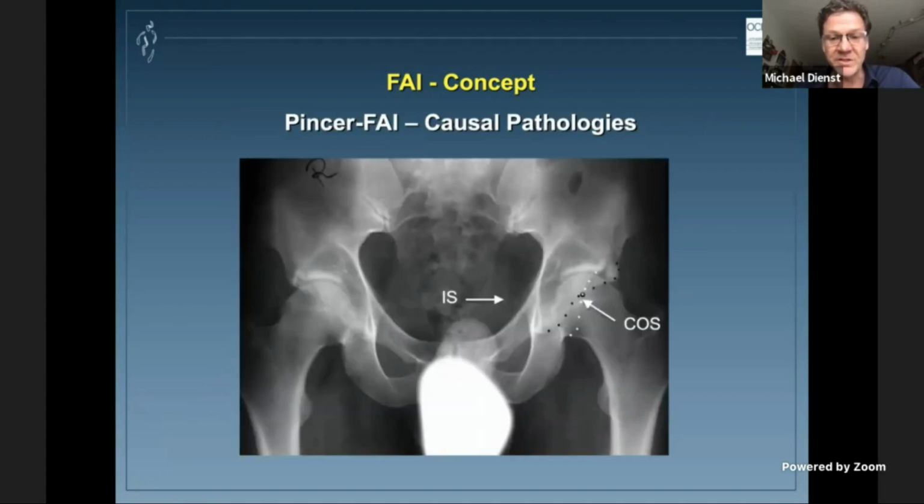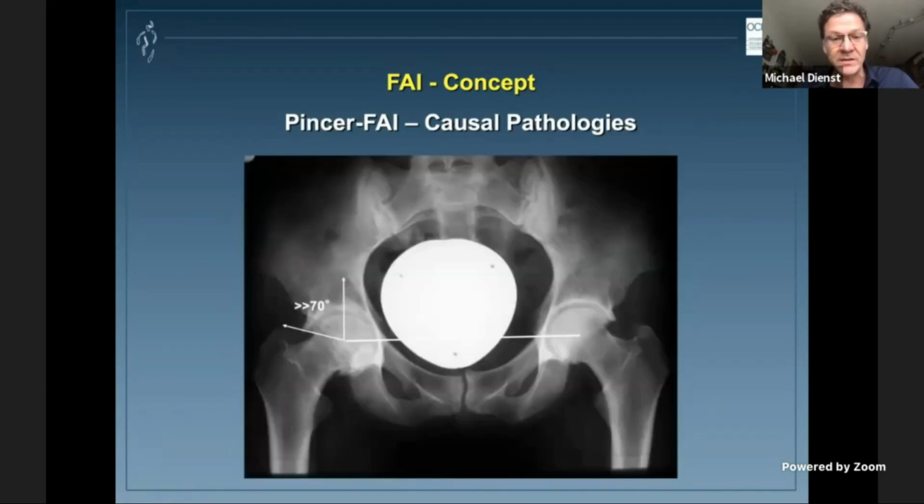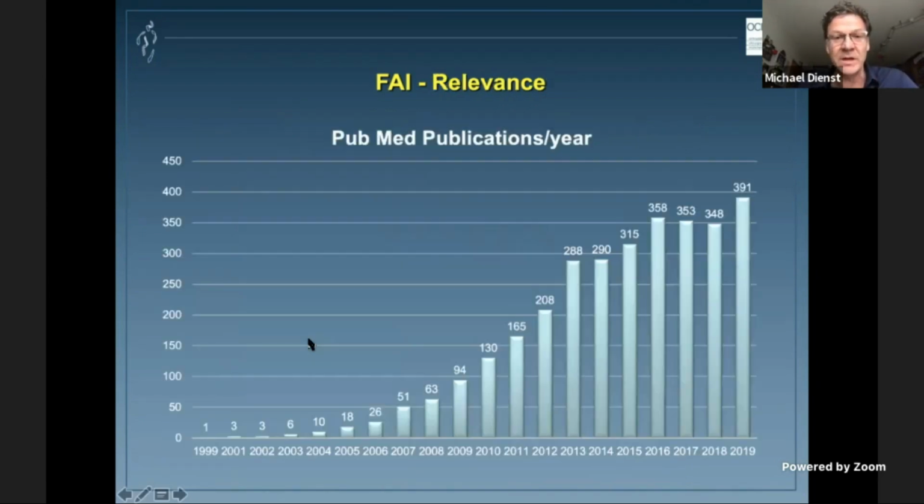This is the classic pelvic X-ray of a retroversion of the left acetabulum. You see here the positive crossover sign. This is a classic example of an overcoverage of the whole acetabulum with a pathologic LCE angle, and this would be the maximum version with additional ossification of the acetabular labrum.